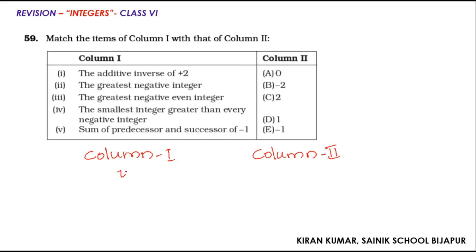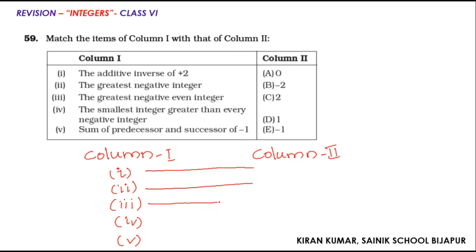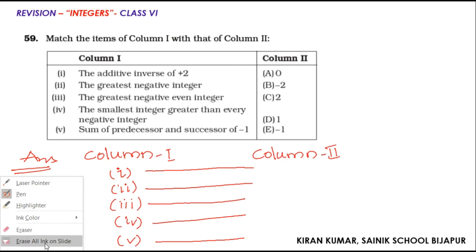I'll be mentioning only the serials 1, 2, 3, 4 and 5 and the respective numbers I'll mention here. This will be only the answer part. Alright. Now let me solve one by one.